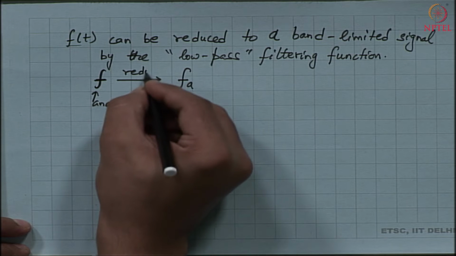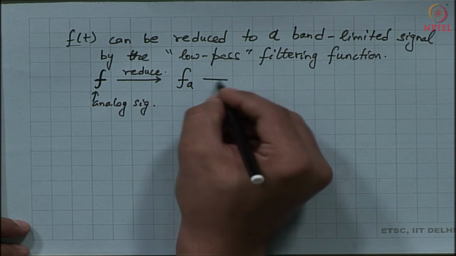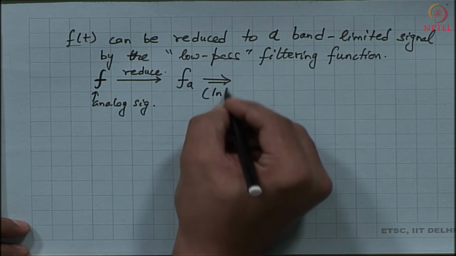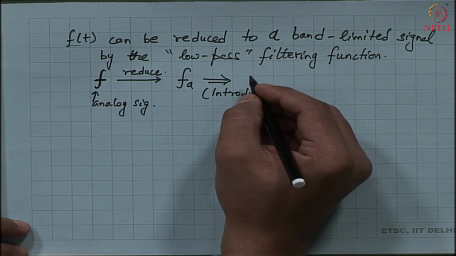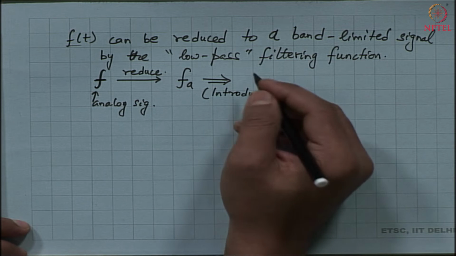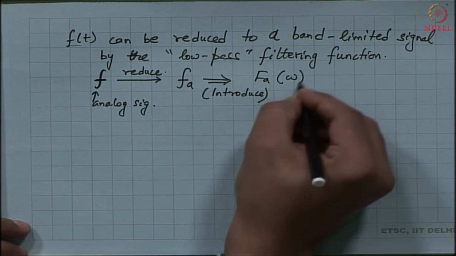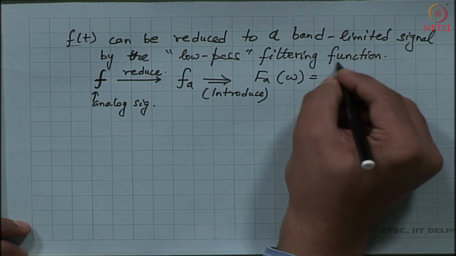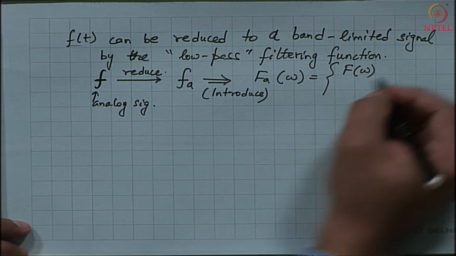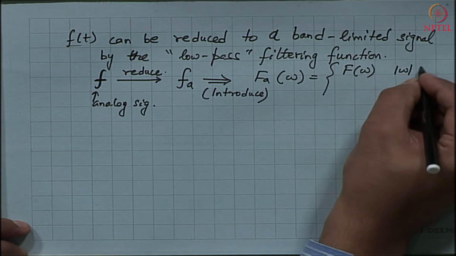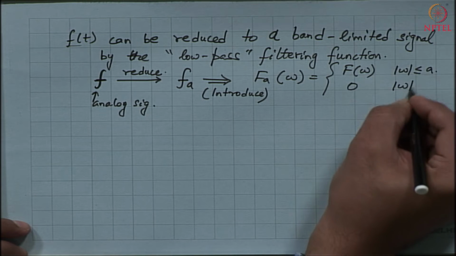For that I am going to introduce my Fourier transformed function f_a of omega, which is your usual Fourier transform inside this range of frequency and 0 otherwise.